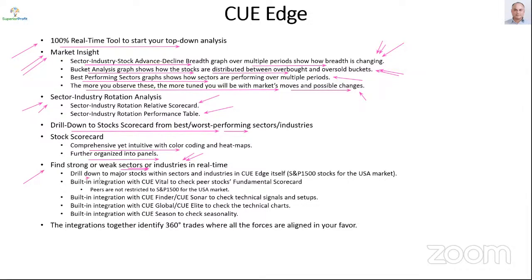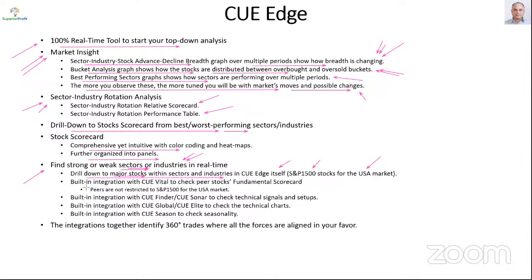From the sector and or industry scorecard, we can drill down to major stocks within those sectors and industries in QH itself. Major stocks, that is for USA market, S&P 1500 stocks are available in QH.